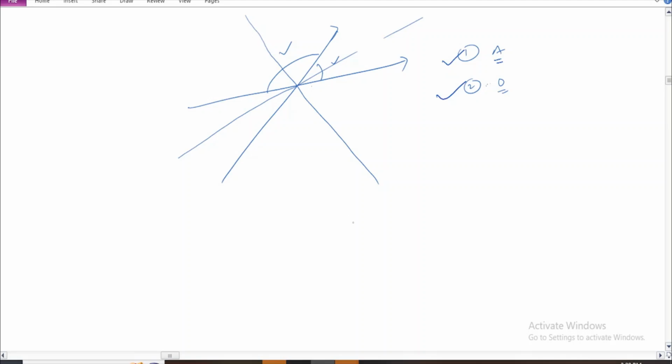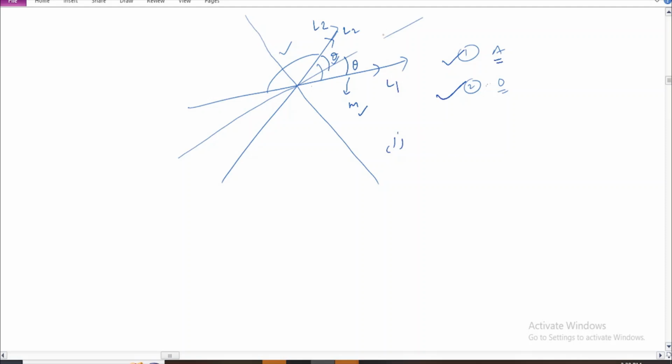So the first method: suppose this one is L1 and this one is L2, right? Here the slope of line 1 is given and the slope of line 2 is also given, right? So use equality: this one is theta and this one is also theta.